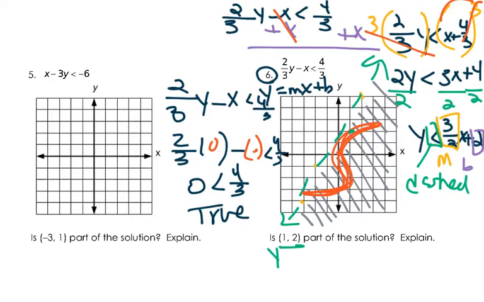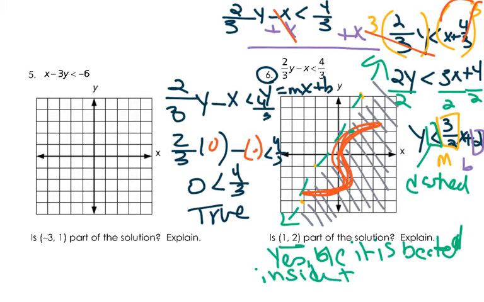And I would say yes, it is, because it is located inside the shaded area. Okay, you could always plug in 1, 2 into your inequality and explain it that way by showing your actual work and solving for it.